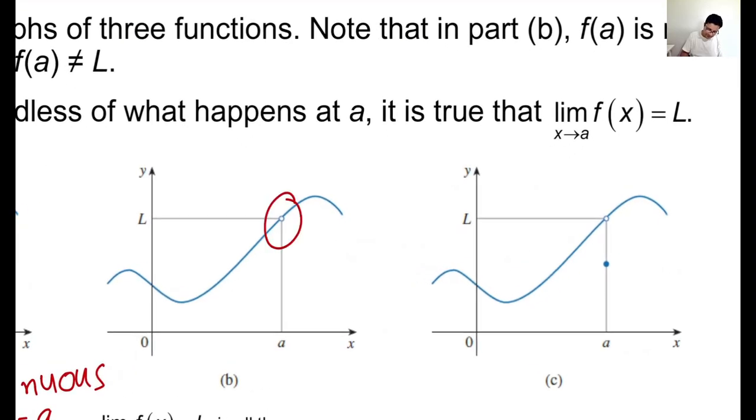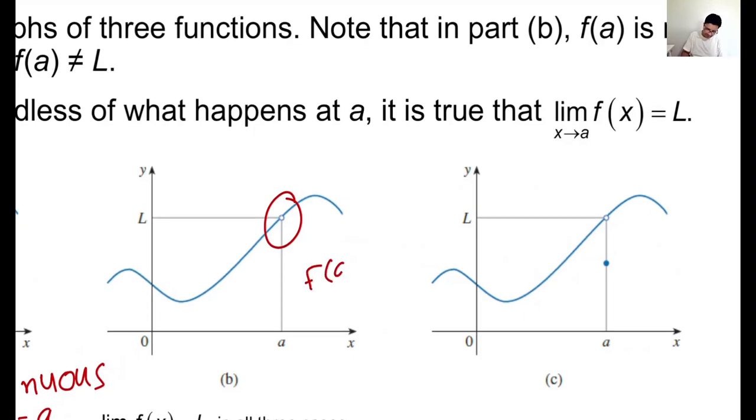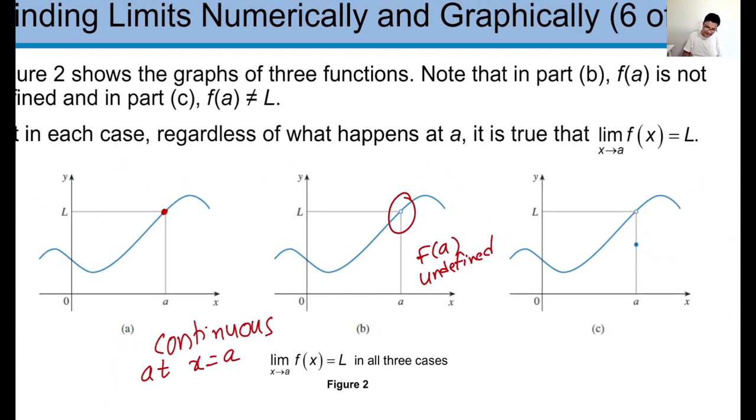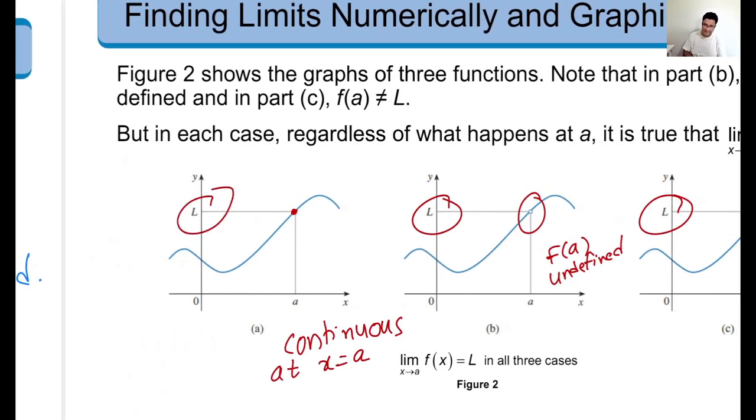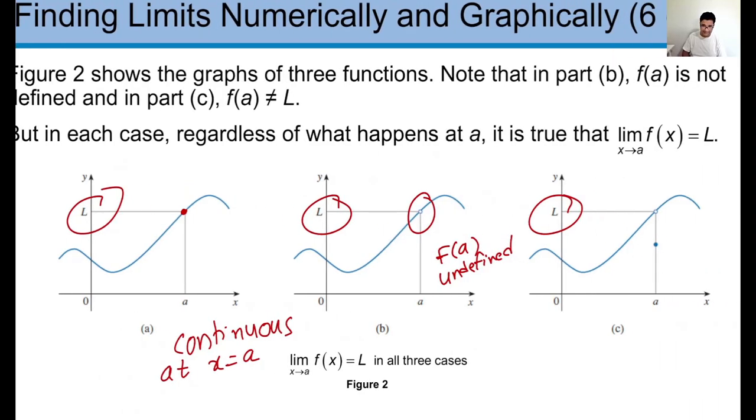Here it is not continuous because the function is not defined at all. F of A is undefined. In all three cases, the limit exists and is equal to L. The limit of the function as x approaches A is L in all three cases.